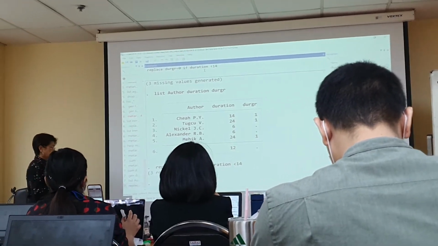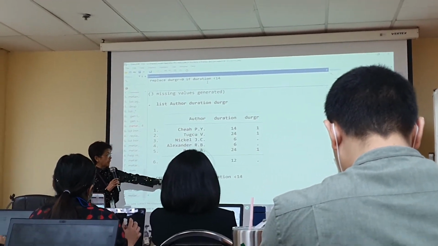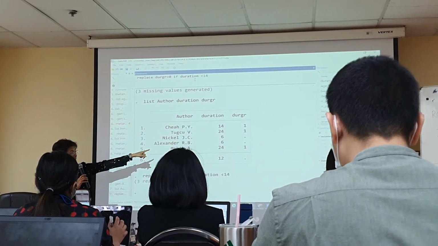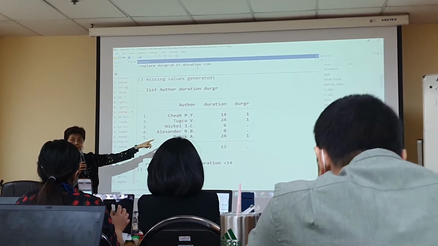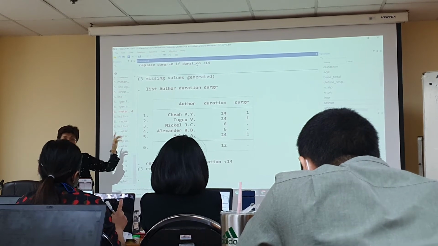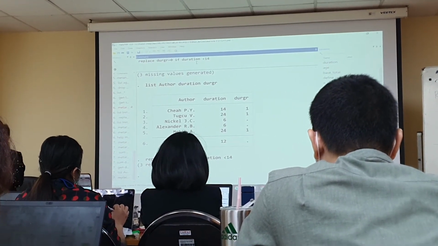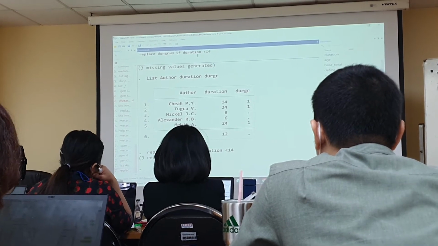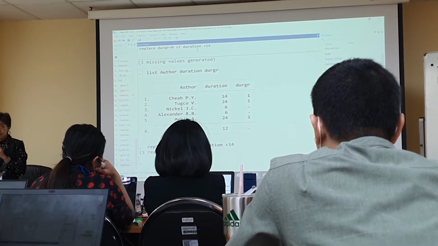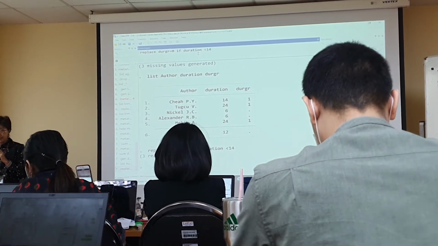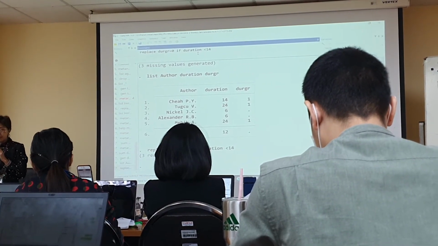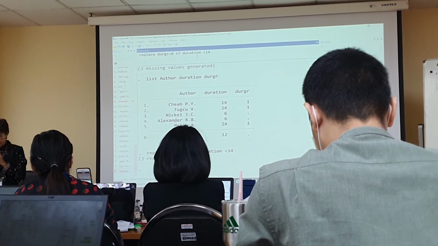And you can see that we got 3 missing, as expected. Now you can list. Page up the list command that you just used, and this time there is no missing value.